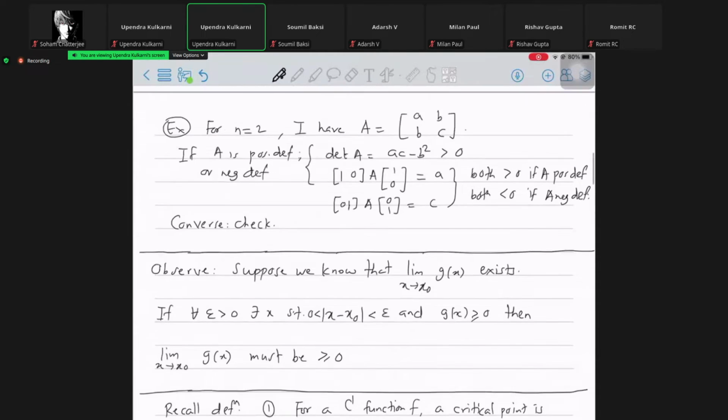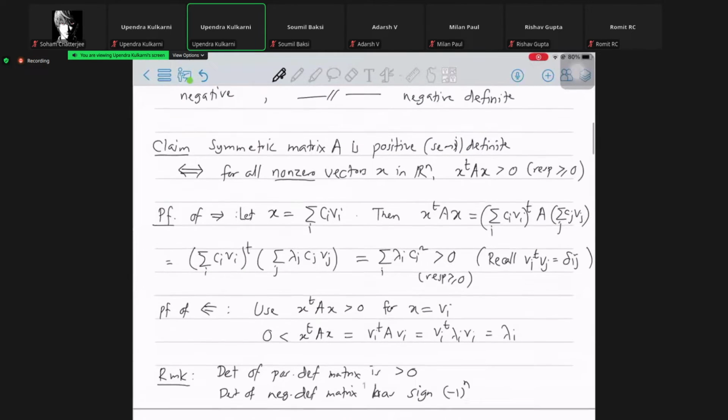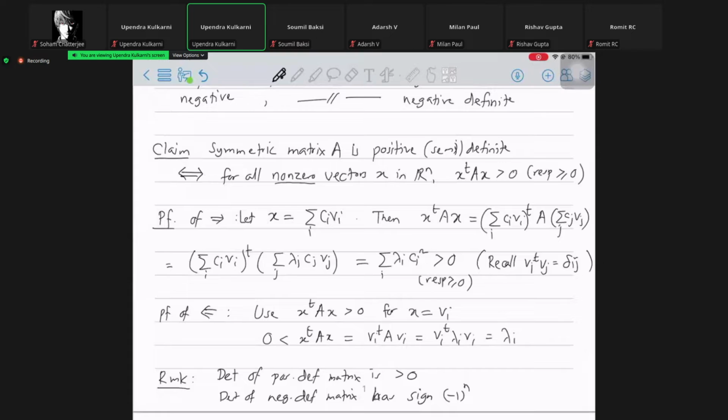Let's go back to our linear algebra thing. If I have a symmetric matrix, then this quantity always being greater than or equal to 0 was equivalent to that matrix being positive definite or positive semi-definite, depending on whether it is strictly greater than 0 or weakly greater than 0.